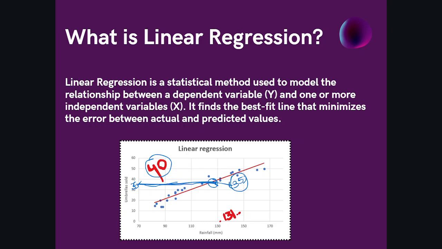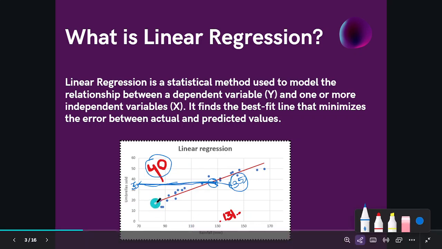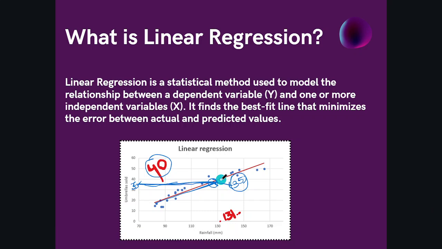Using the linear regression model, we have drawn this line which fits these data points, and then we found that at this point we have this many umbrellas sold. Right? You got this.